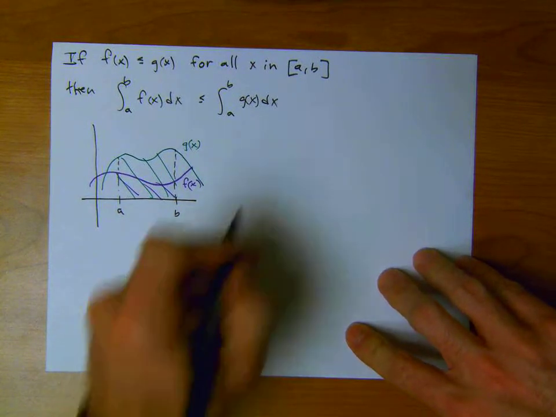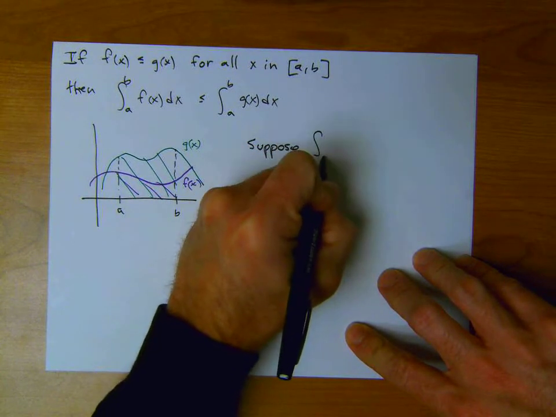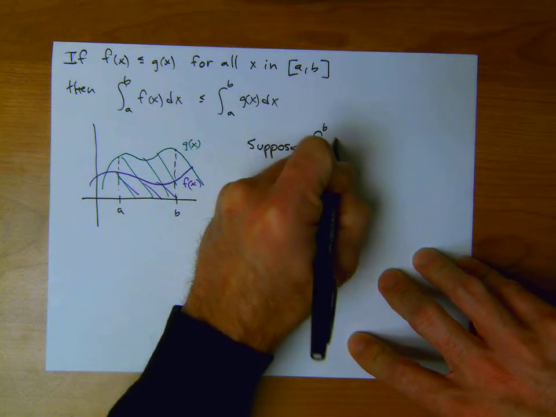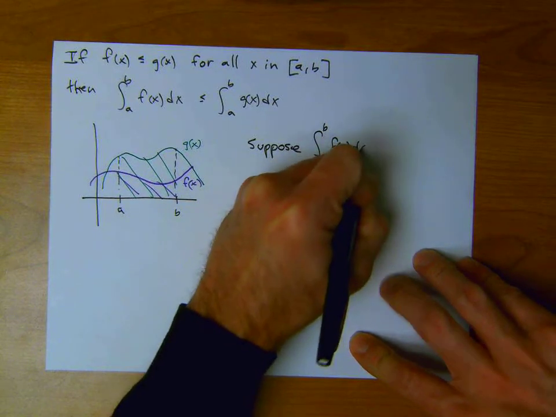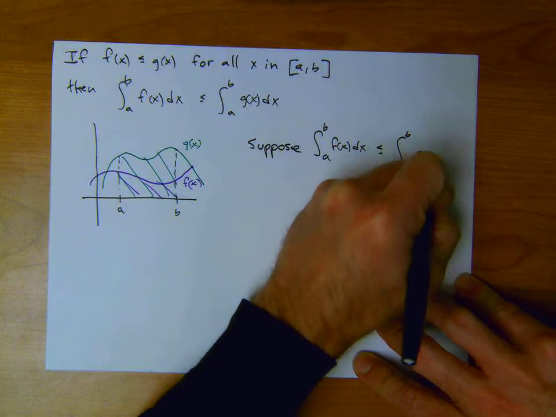So, suppose the integral from a to b of f of x dx is less than or equal to the integral from a to b of g of x dx.